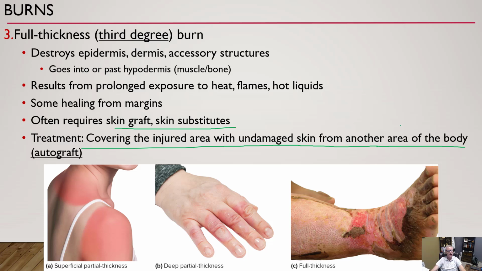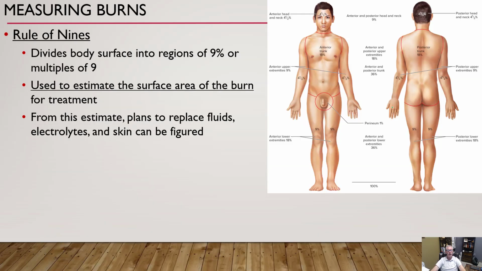So we can estimate how much of your body is burned using something called the rule of nines. Your body can be broken up into rule of 9 classifications. Your head is worth 9%. Your arm is worth 9%. Your other arm is worth 9%.